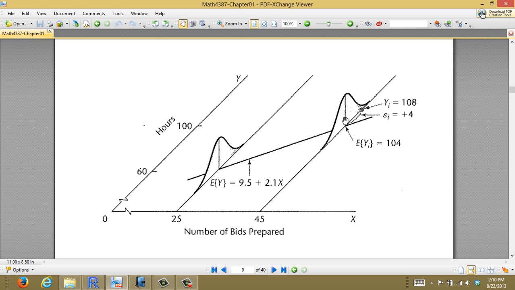And then, being centered at that mean response, we draw an observation from this error distribution, and we'll assume that the error for that particular observation is equal to 4. So we add 4 to our regression function, and we get 108. So our x value in this case is 45. The mean response when x is equal to 45 is 104, but the actual response we observe is 108 because of the random error.